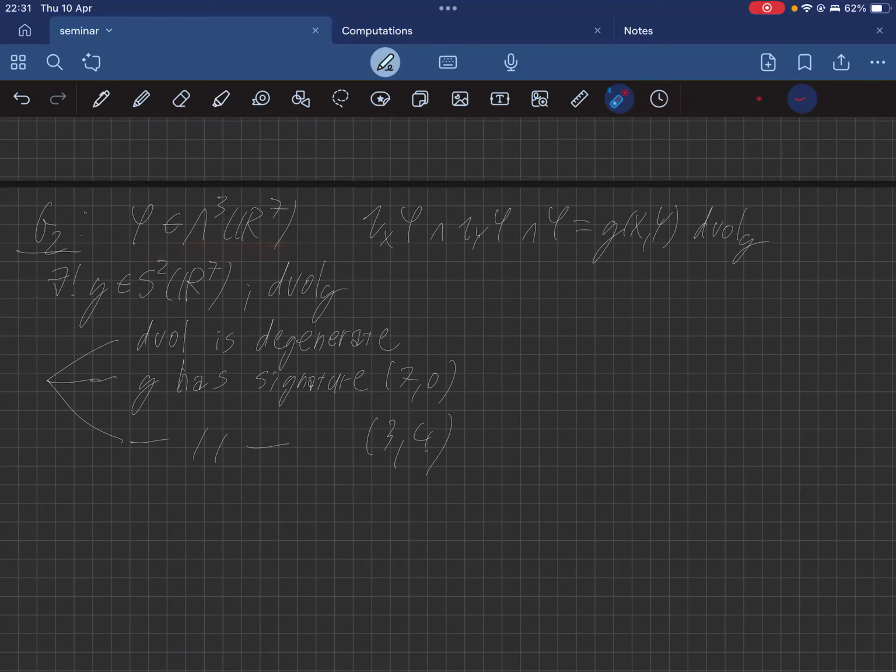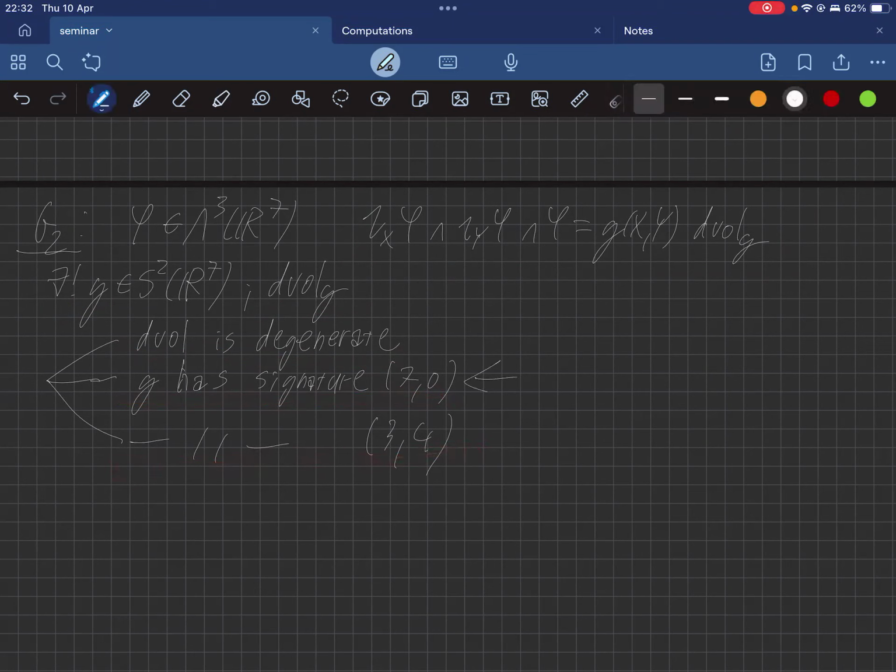If you give me a 3-form on R^7, via this equation it gives me a unique g and unique volume form, such that either the volume form is degenerate, or it is non-degenerate and the symmetric 2-form is positive definite, or it's indefinite with signature (3,4).